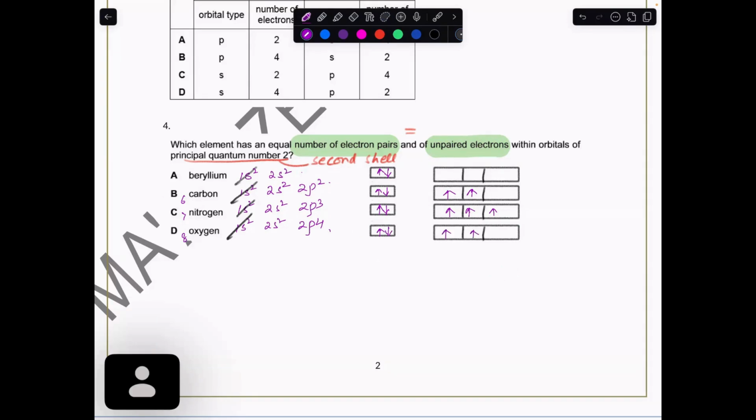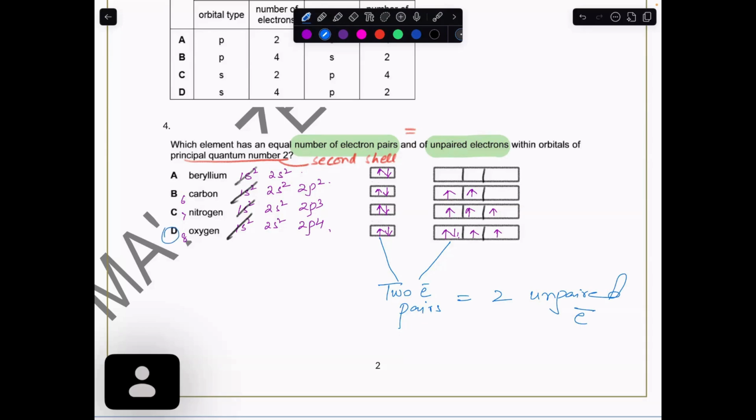And oxygen has two pairs, two unpaired. So the number of electron pairs, 2, is equal to 2 unpaired electrons.